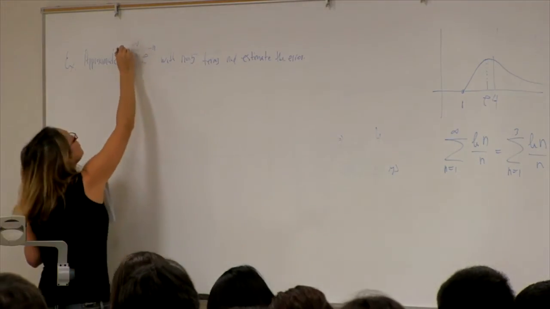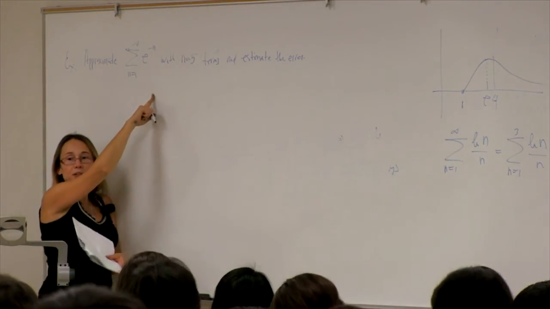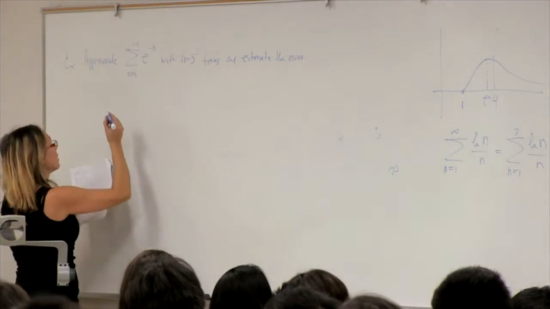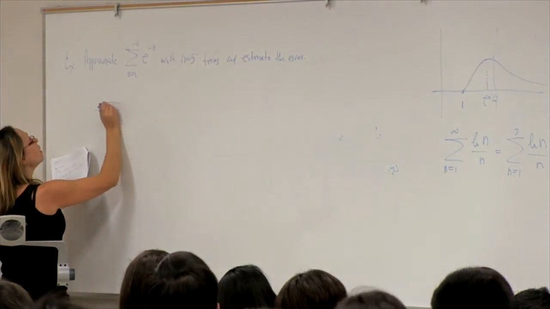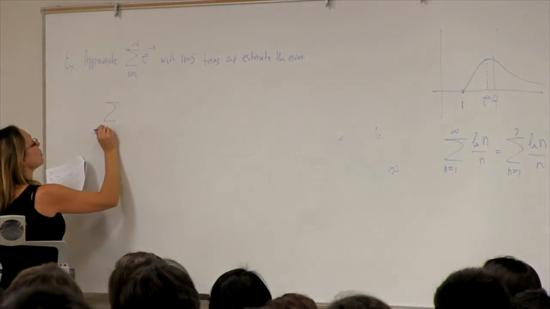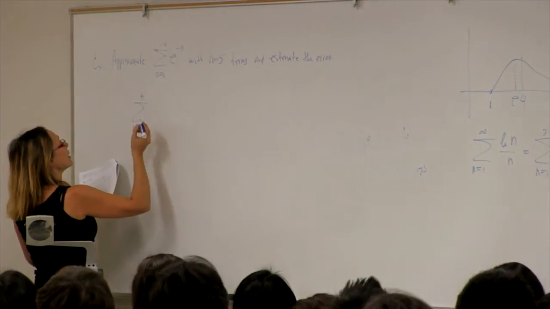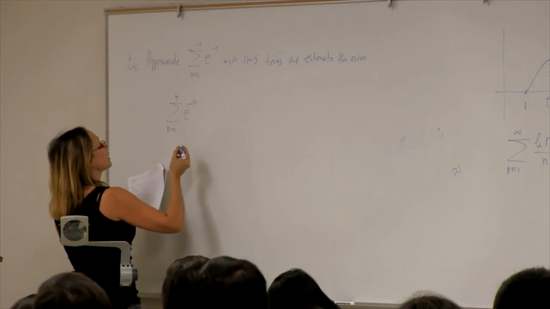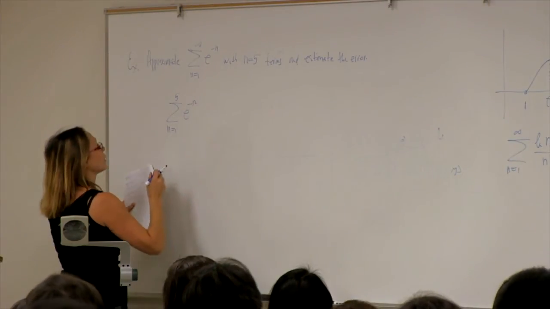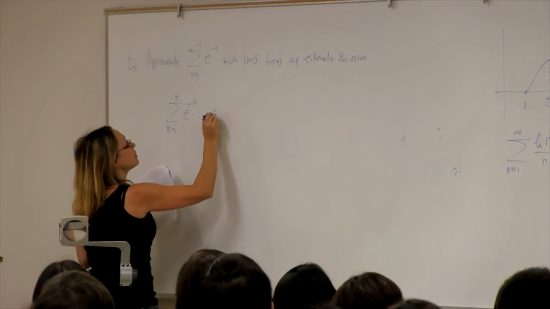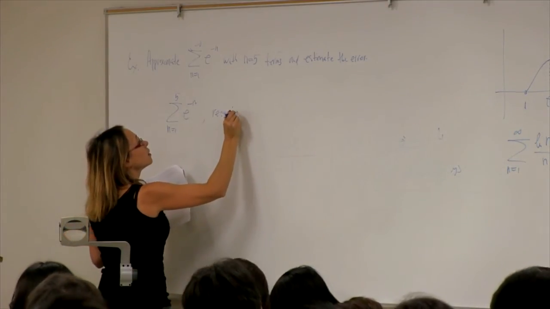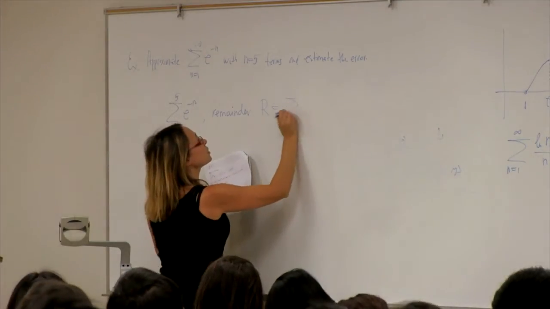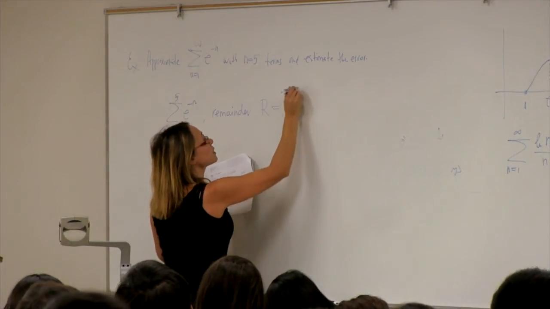So, okay, let's suppose that I'm too lazy to add up an infinite number of these. Okay, I only have time to add 5 of them. So my approximation is going to look like this: the sum from n equals 1 to 5 of e to the minus n. Okay, whatever it is. And the remainder, R, is what is left from 6 to infinity.